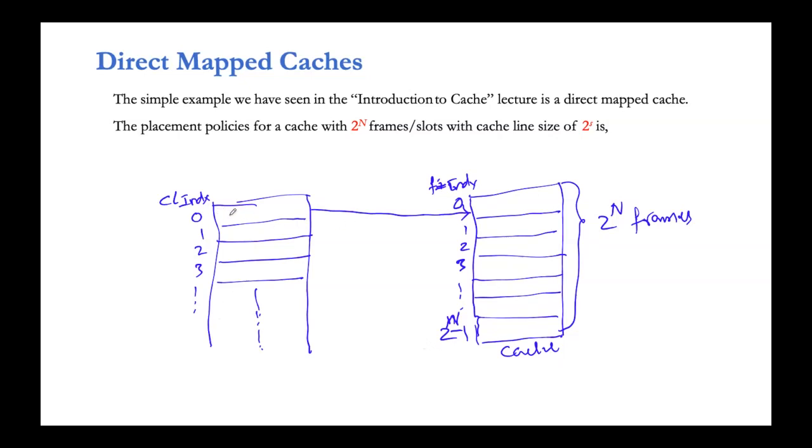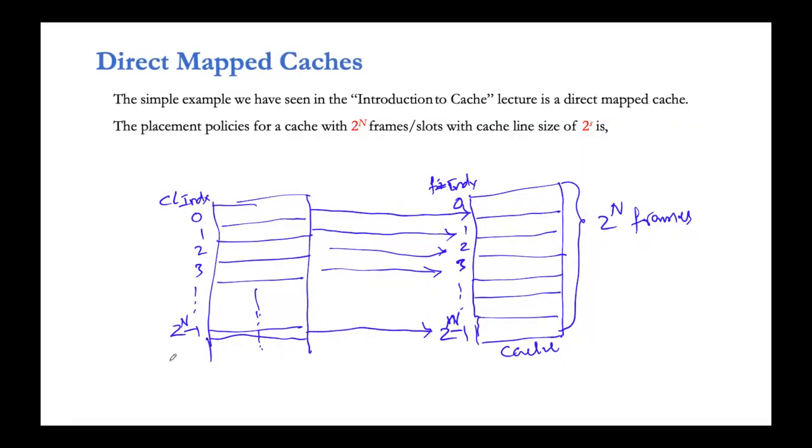Similarly, cache line 0 goes and is stored into frame 0, cache line 1 into frame 1, cache line 2 into frame 2, cache line 3 into frame 3, and like that, cache line 2 to the power of n minus 1 is stored into frame 2 to the power of n minus 1.